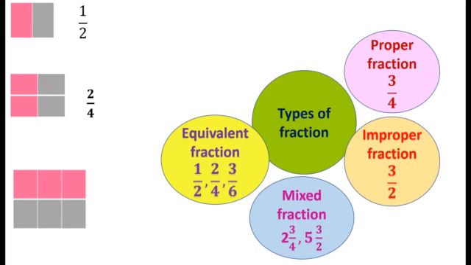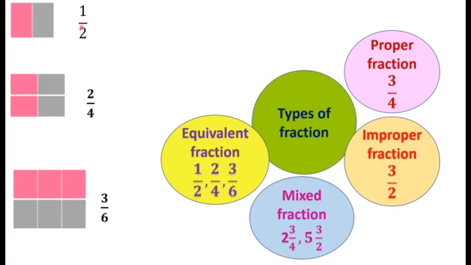The next one, if I show you again, you can see here 3 out of 6 boxes are colored with the pink color. So what fraction will we write? We will write it as 3 by 6. So in all these 3 examples, you can see half of the total, or half of the whole, is colored with pink color.